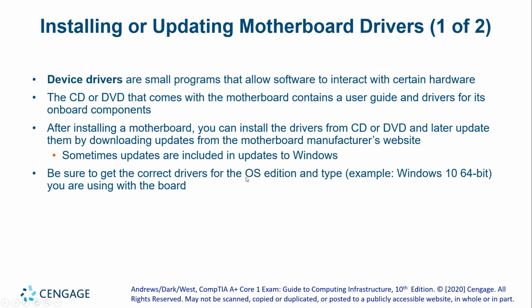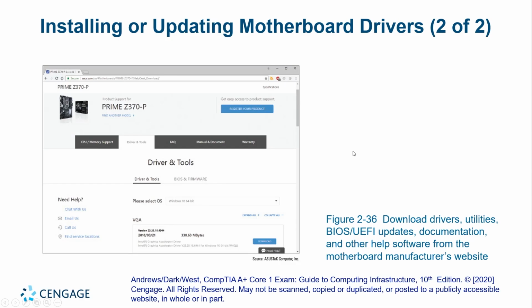Make sure to get the correct drivers for the operating system that you have, whether it's 64-bit or 32-bit, Windows 11, Windows 10, Windows 8, whatever you're using. For example, if you're using an Asus computer, then this would be the brand or model number of your motherboard, and the drivers that you could download and update would be found here.